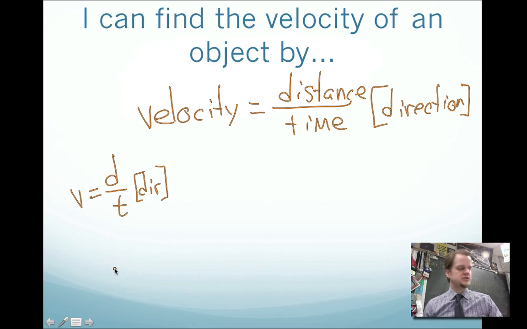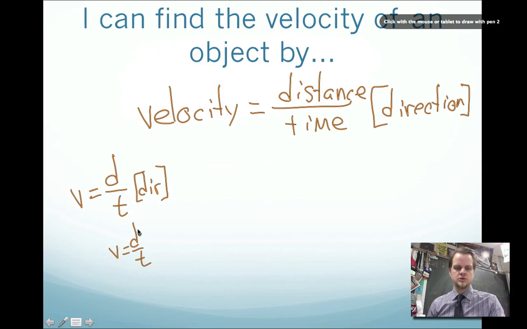Now, if we solve these algebraically a little bit, we can find different flavors of this essential equation. Okay? Sometimes I won't give you distance and time. Maybe I won't give you distance, and I'll expect you to find the distance that you travel based on the velocity and the time that I give you. So let's do a little bit of algebra here. V equals d over t. Let's say I want to solve for d. All right, what do I have to do?